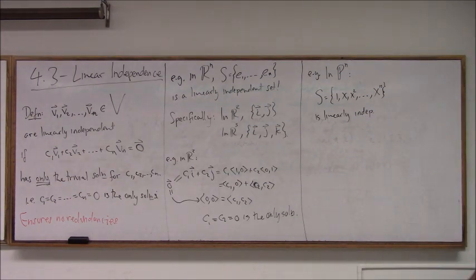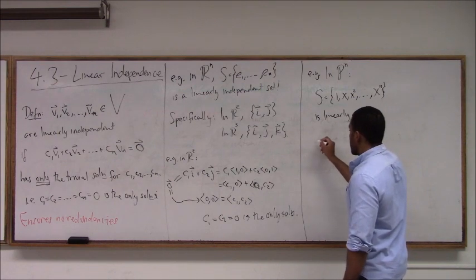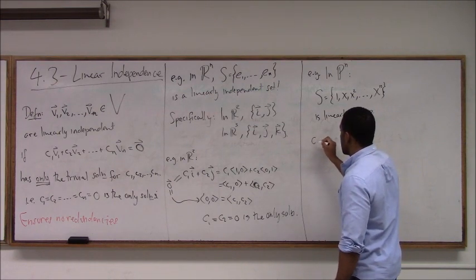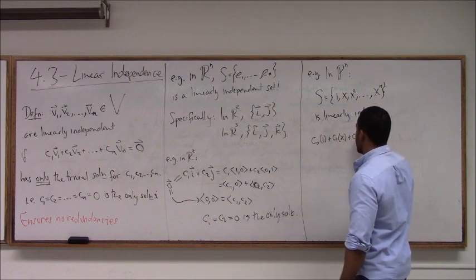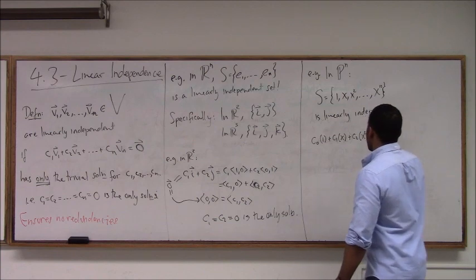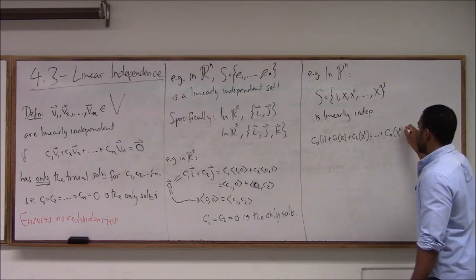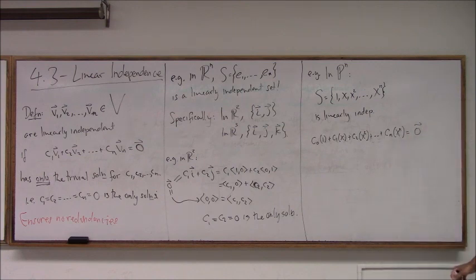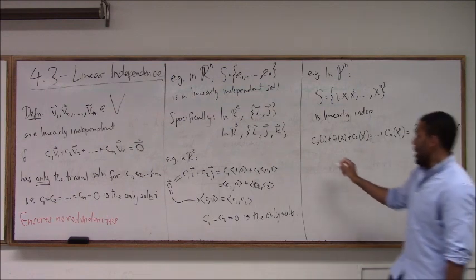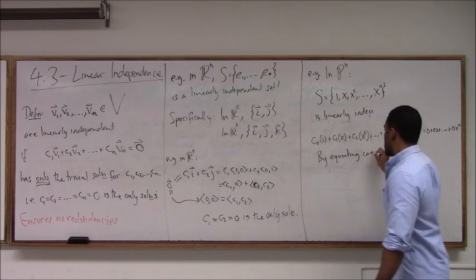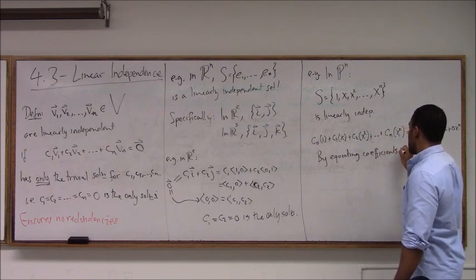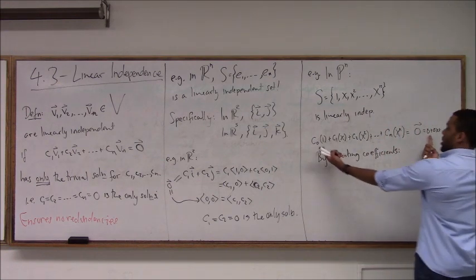Right? And you can kind of justify that as well. I can take, say, c0 times the vector 1, c1 times the vector x, c2 times the vector x squared, up to cn times the vector x to the n, and set that equal to the 0 vector in the polynomials, but that's just the vector 0 plus 0x plus ... plus 0 x to the nth power. By equating coefficients, the constant term over here must be the constant term over there.